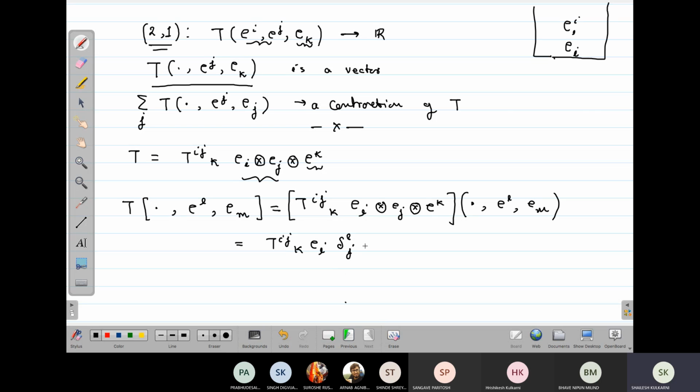And e^k on e_m, by definition of dual basis, I get delta^k_m. There is a summation over i, j, k. Because of these Kronecker deltas, j will be replaced by l, k will be replaced by m, and e_i. Agree? Fine.